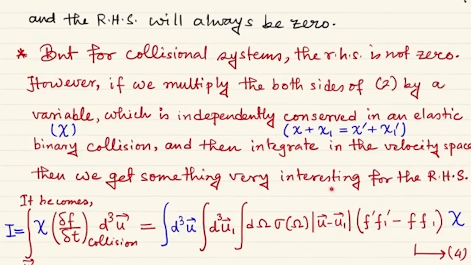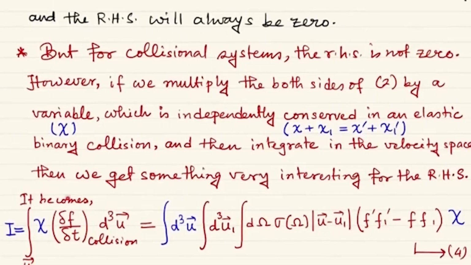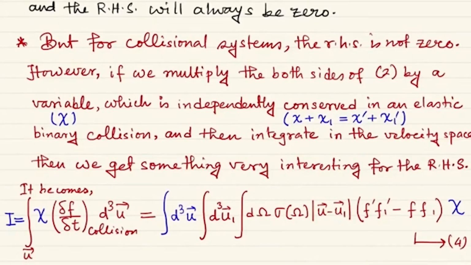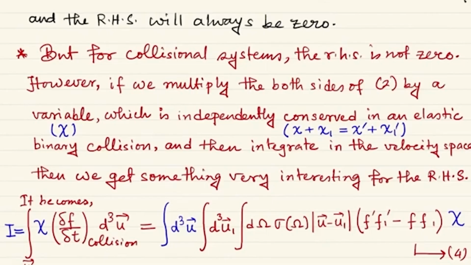Then we get something very interesting for the RHS. The RHS becomes simply what I call I, in blue, which is the integration in the velocity space of chi times the collision term del f del t, d cube u, which equals the whole expression for the collision integral times chi.